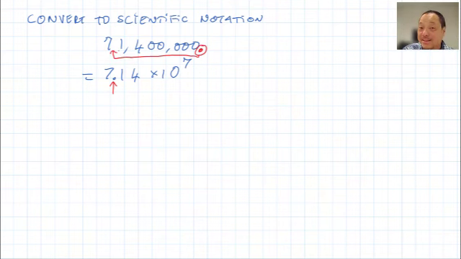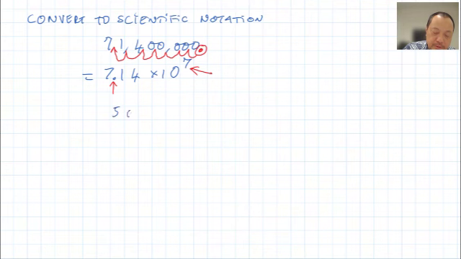How many places did it move? It moved by 1, 2, 3, 4, 5, 6, 7 places. I didn't count the commas because commas aren't places in the number, right? Only the digits are places. It moved 7 places, and that's the same as that 7 there. Let's look at the 5 million.